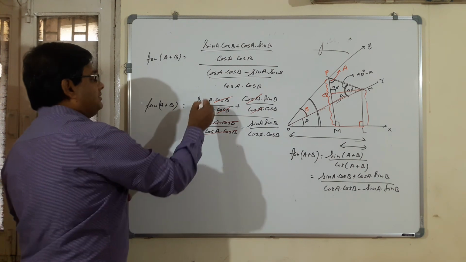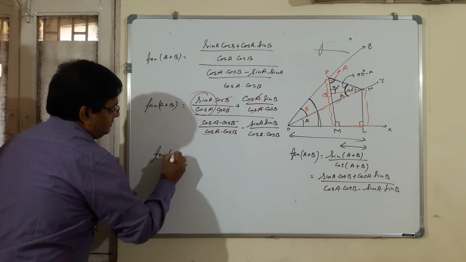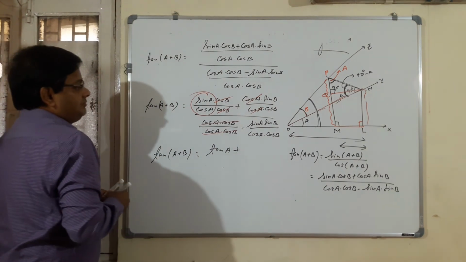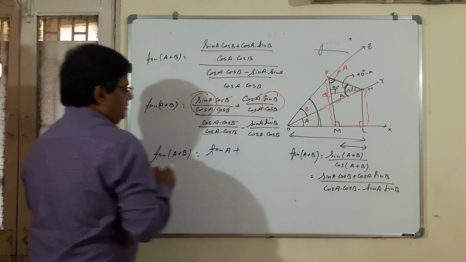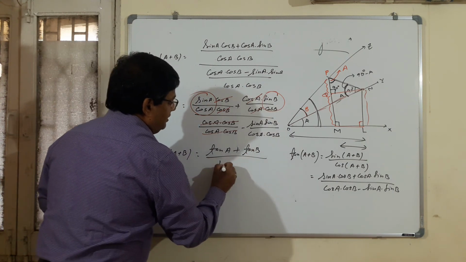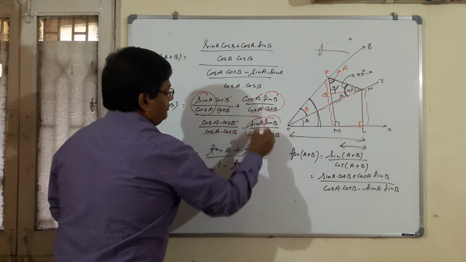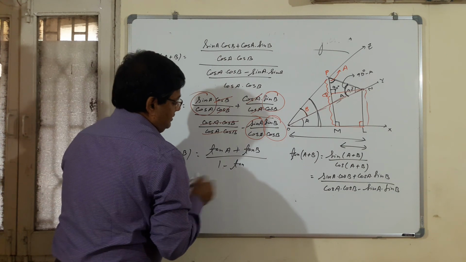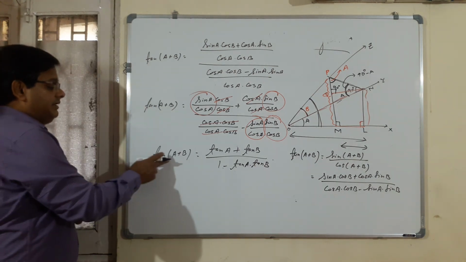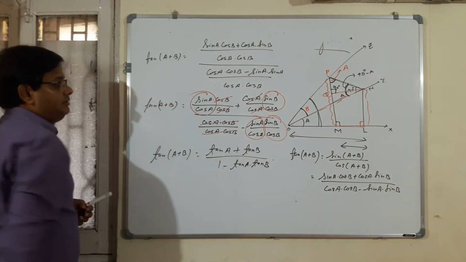So sin A by cos A is equal to tan A. So tan A plus B is equal to tan A plus tan B divided by 1 minus tan A into tan B. This one becomes tan A and this one becomes tan B. So the formula of tan A plus B is tan A plus tan B divided by 1 minus tan A into tan B.